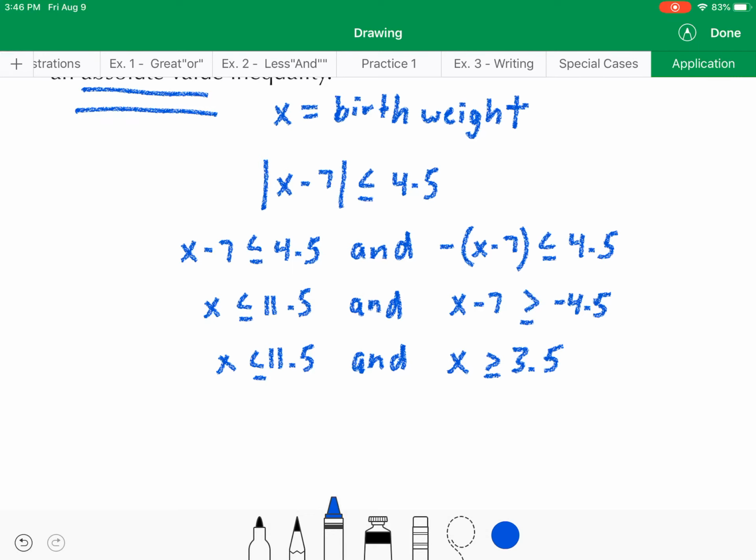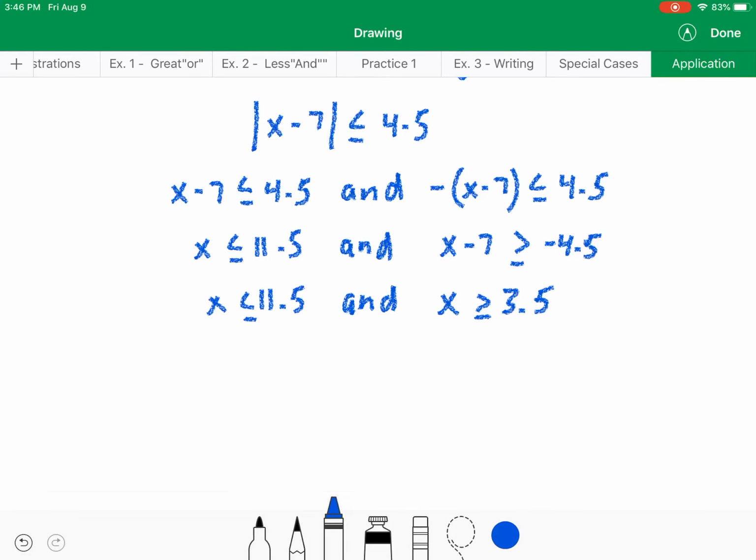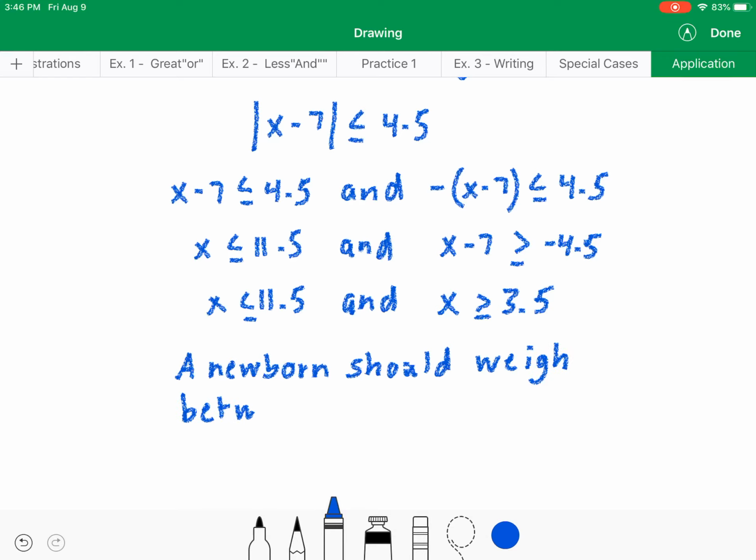So somewhere between 3.5 to 11.5 pounds. Okay. All done.